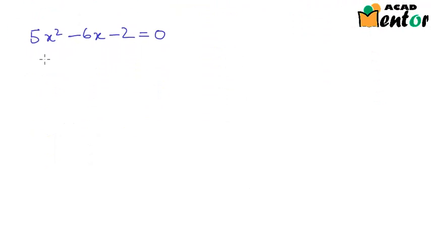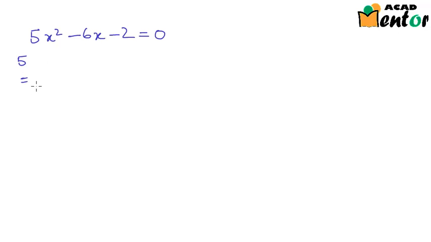Now if you remember, to complete the square, we need the coefficient of x square to be a perfect square as well. So how do we make sure that the coefficient of x square in this equation is a perfect square? Now there are two ways of doing it. Either I can divide this whole equation by 5.